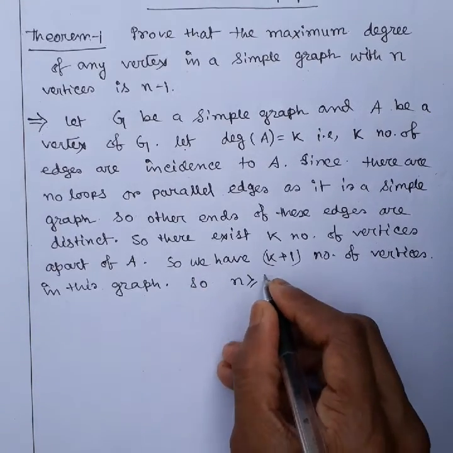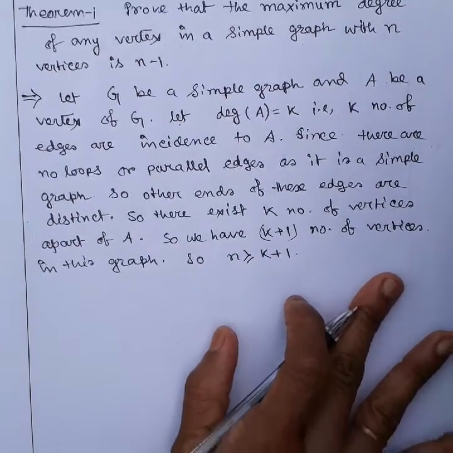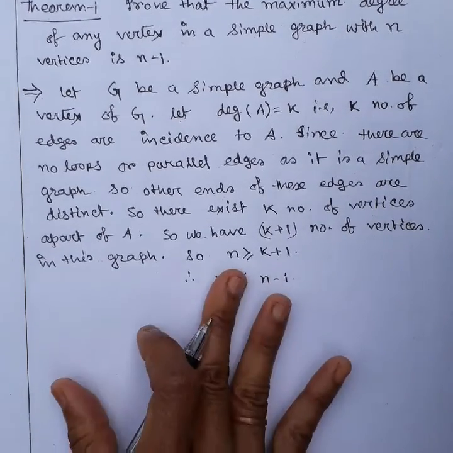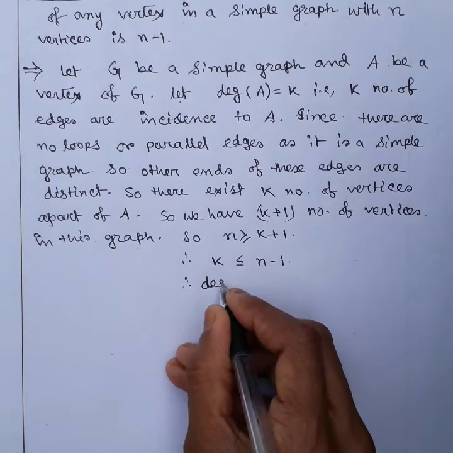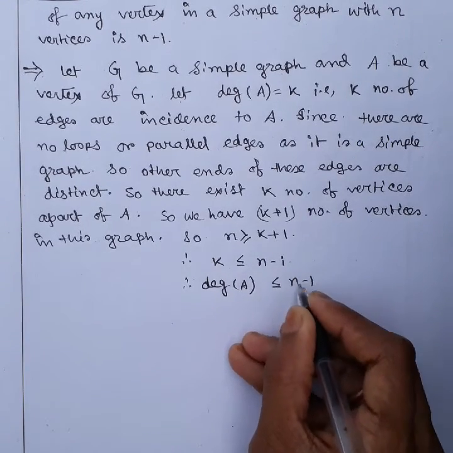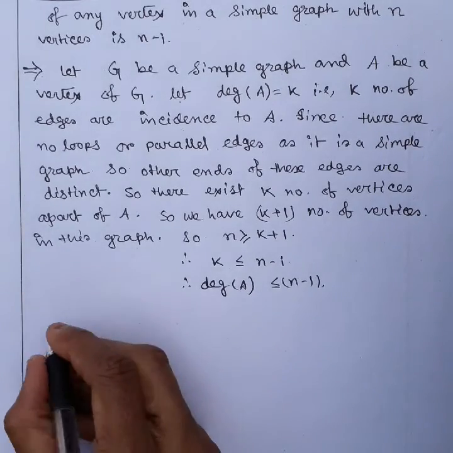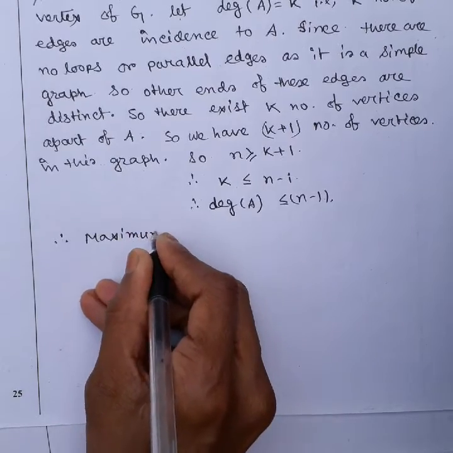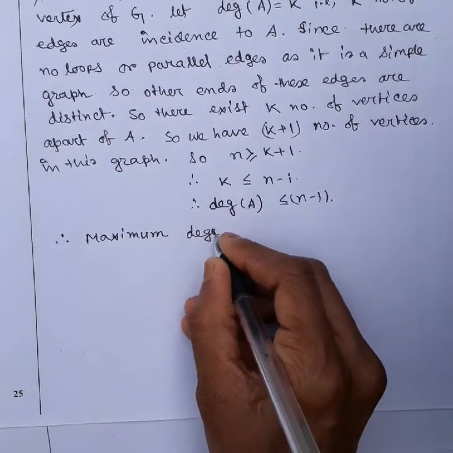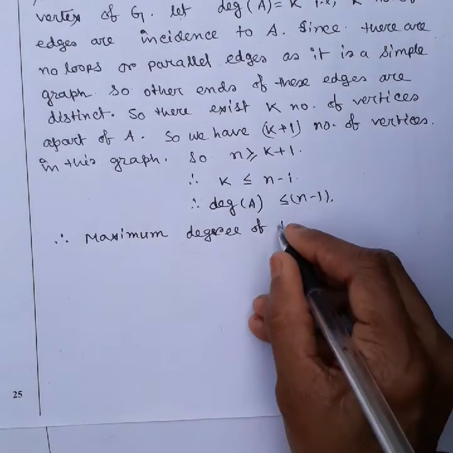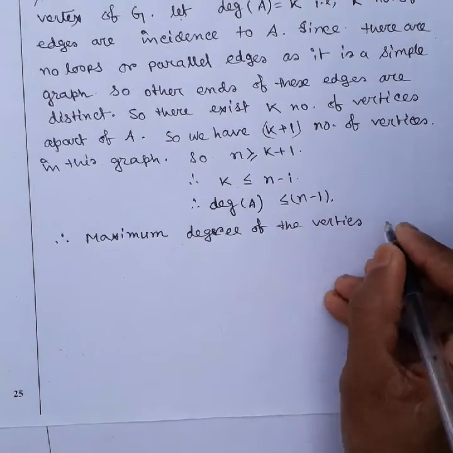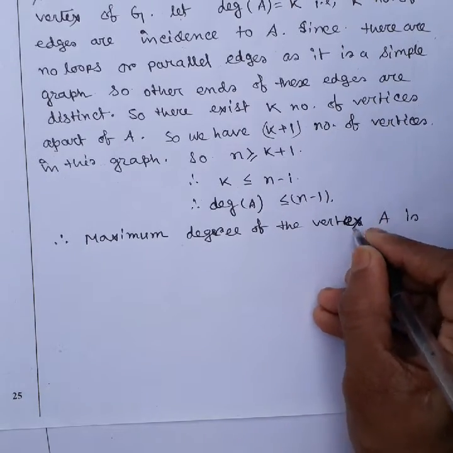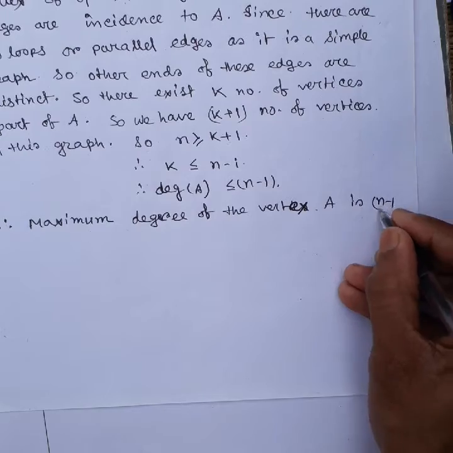So n is greater than or equal to k plus 1. That means k is less than or equal to n minus 1, which is, degree of A is less than or equal to n minus 1. That means the maximum degree of the vertex A is n minus 1.